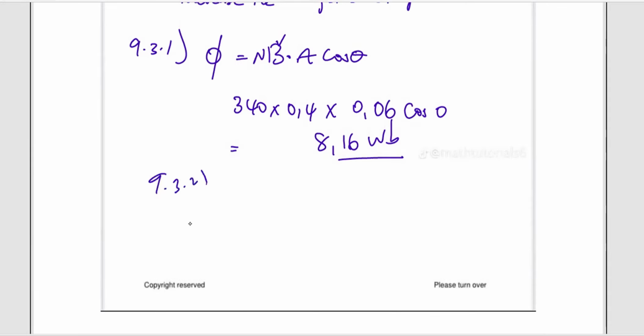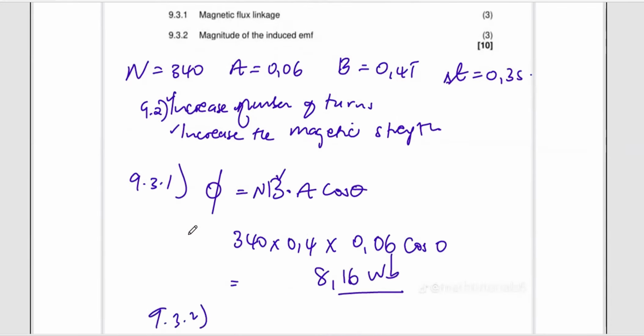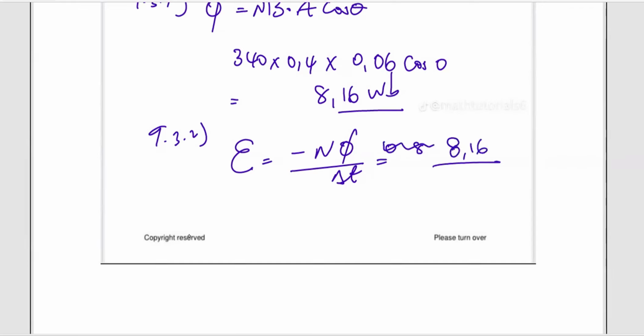9.3.2. What does the question want? They want us to get the magnitude of the induced EMF. Now, our induced EMF is going to be negative since we've already calculated the magnetic flux linkage. So we're just going to get the change in flux, which is going to be 0 minus 8.16, which means it's going to be 8.16 divided by the 3.